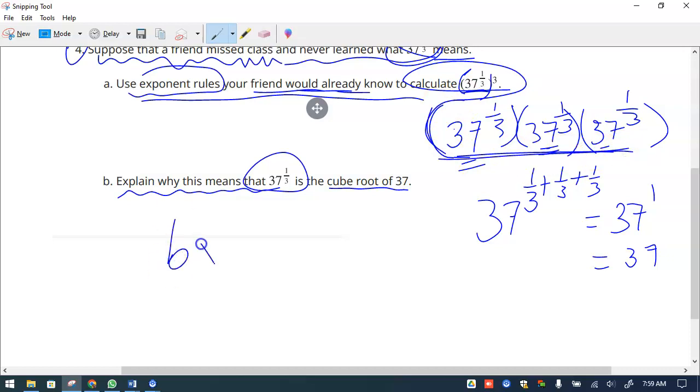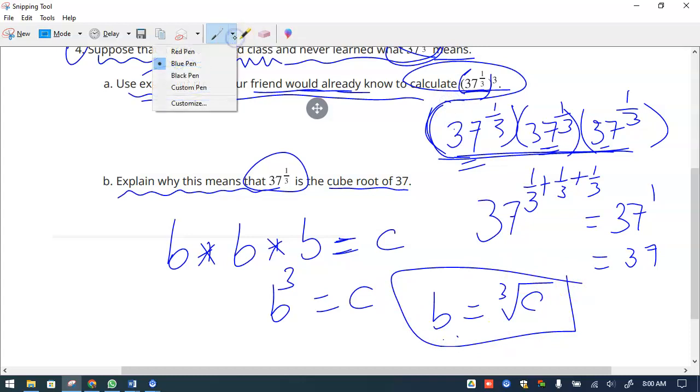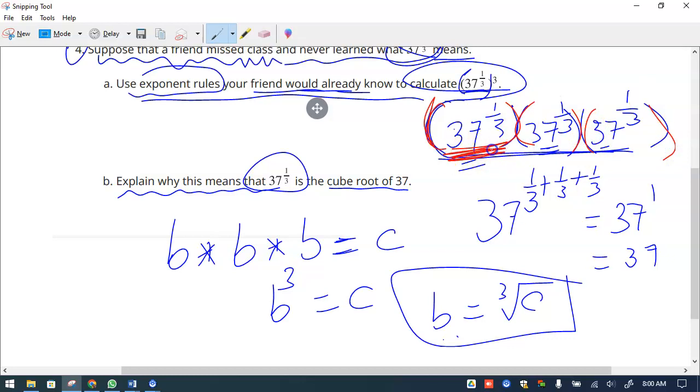It's like b times b times b equals c. It means b raised to 3 is c, then b is the cube root of c. So when you multiply this part 3 times, that means one of these is the cube root of 37.